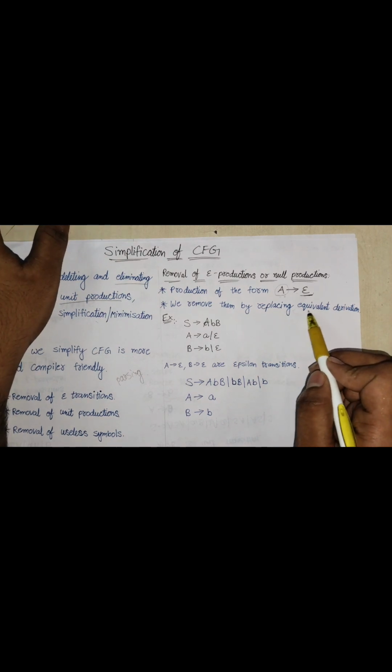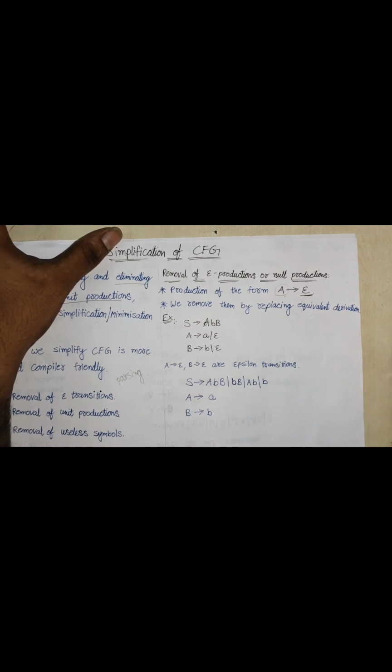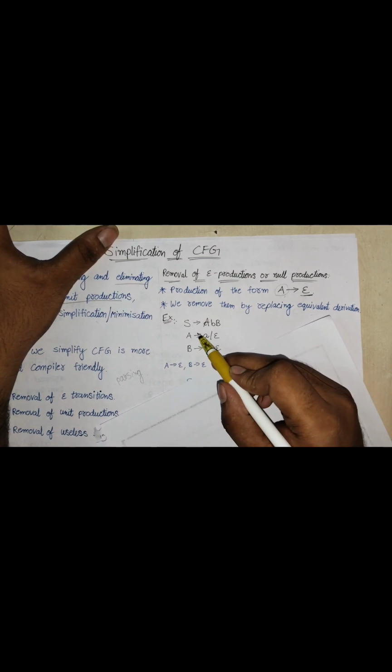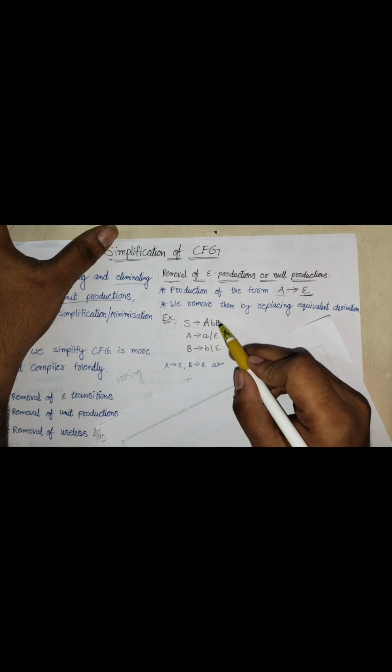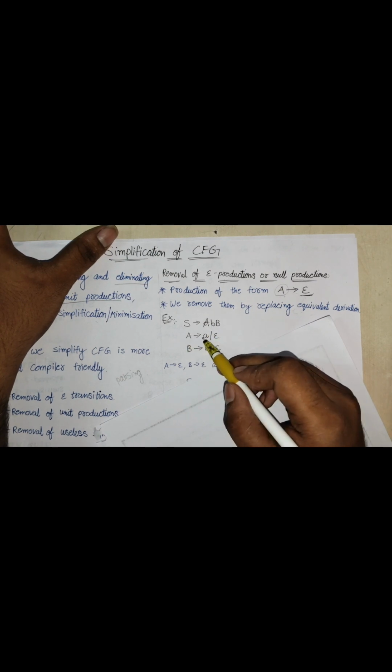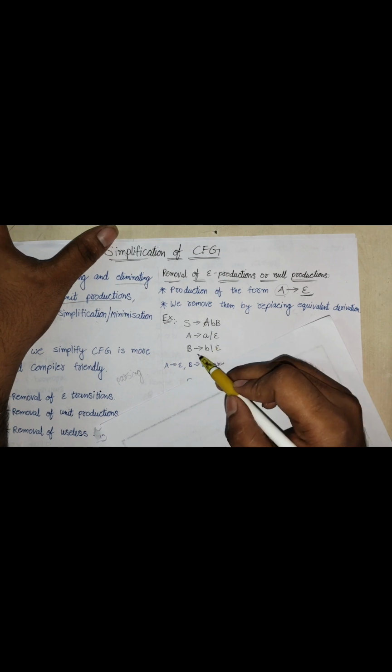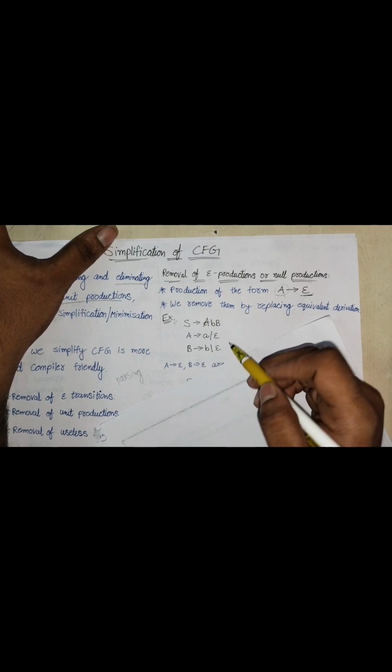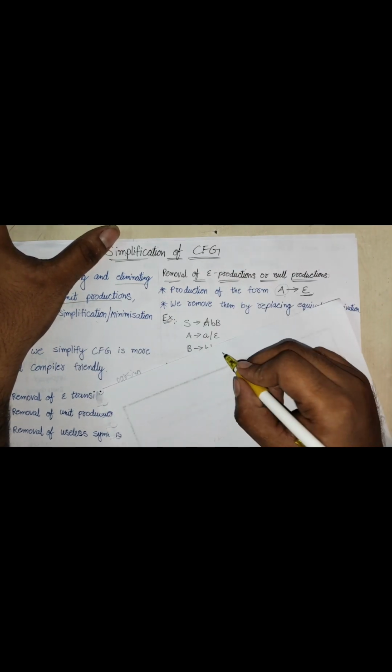We have to remove this by replacing it with an equivalent derivation. Let's see the example. Here the productions are given as S tends to A B B, A tends to a and A tends to epsilon, B tends to b and B tends to epsilon.